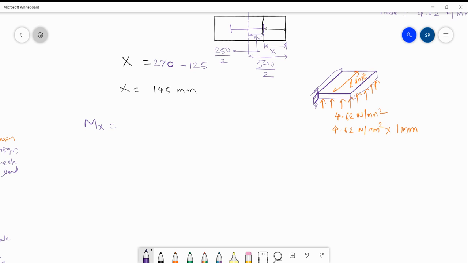So here you have to remember that it is subjected to a trapezoidal portion, because the pressure distribution is not uniform. It is going to be varying.